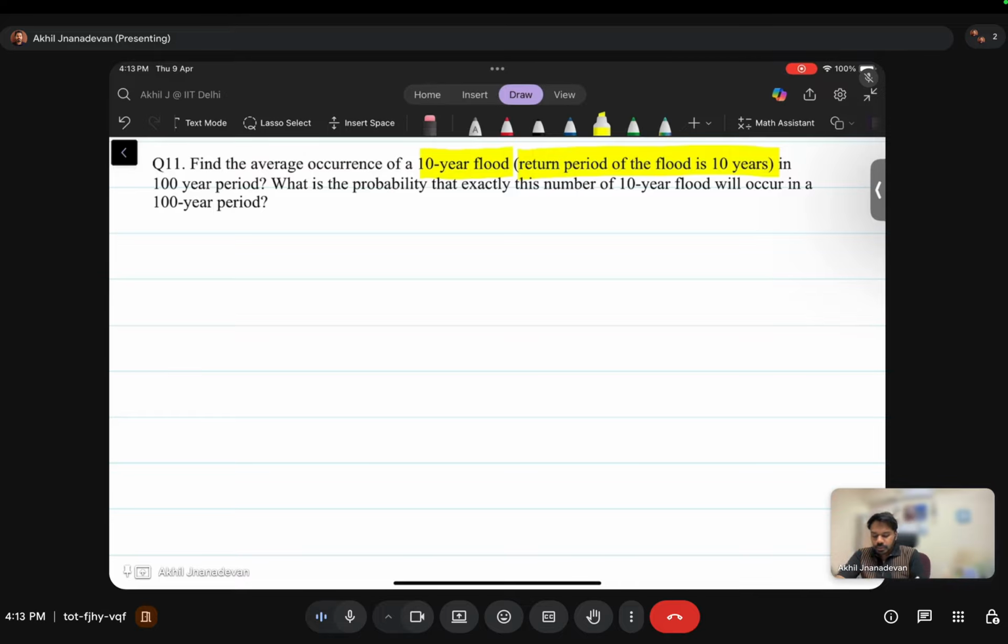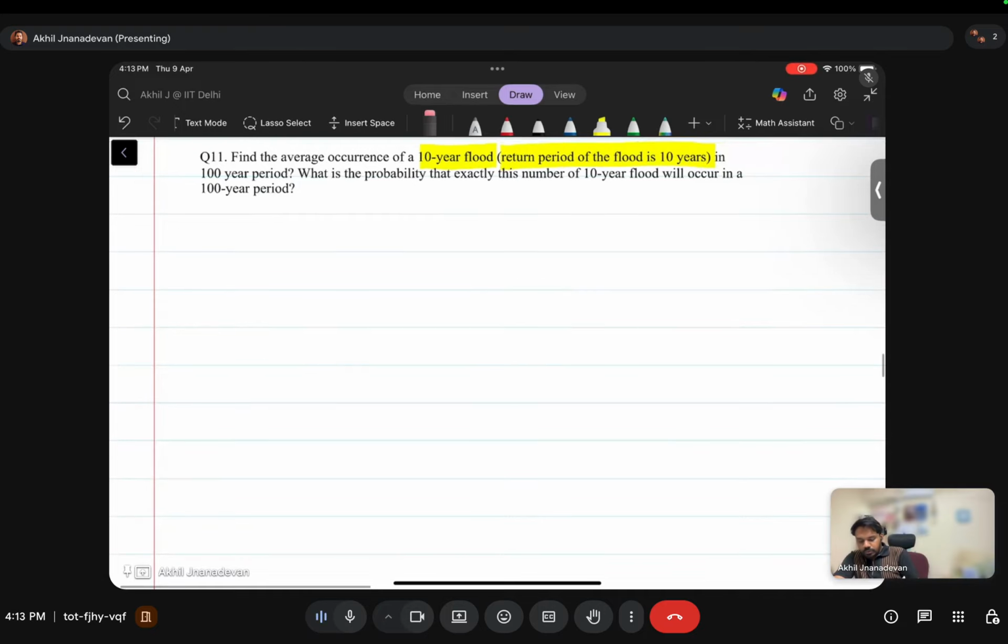If you want to be more clear, if I call something a T-year flood, this T stands for the return period. Say we are defining this flood with a condition on exceedance probability. You know what exceedance probability is, but it is another thing you need to understand.